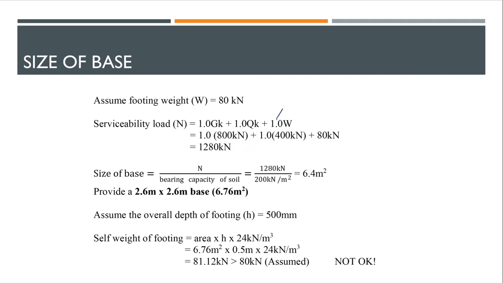So from serviceability load, we can finally find the size of base. How are we going to do that? We're going to divide the serviceability load by bearing capacity of soil, which is PB. So 1280, and we know from the question PB adalah 200 kilonewton per meter square. So you will get 6.4 meter square here.